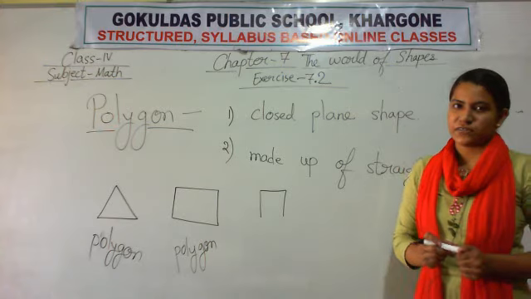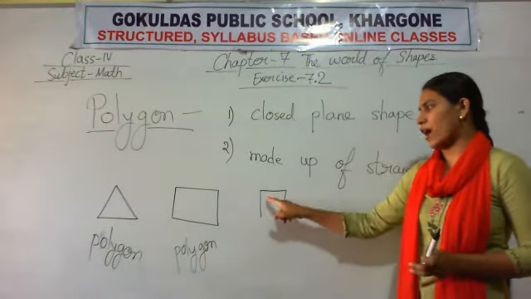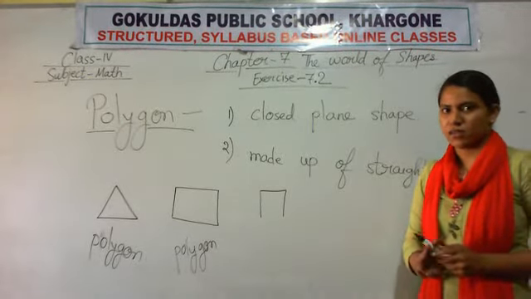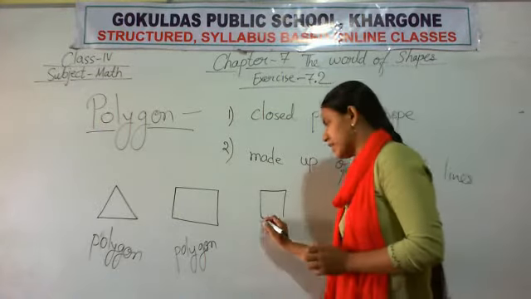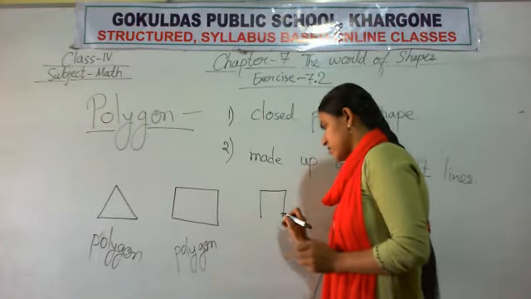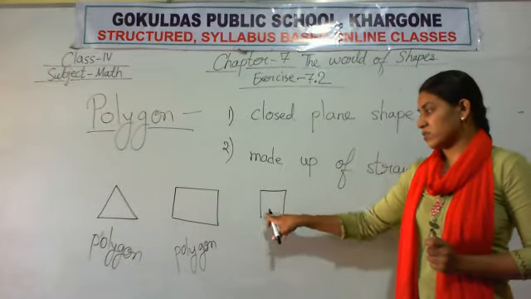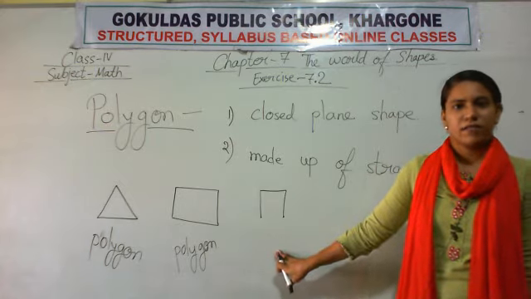Now tell me about this figure. This figure is made up of straight lines 1, 2 and 3. This figure is also made up of 3 straight lines, but it is not a closed figure. It has 2 endpoints, which means it is an open curve. So we cannot call it a polygon. Why?